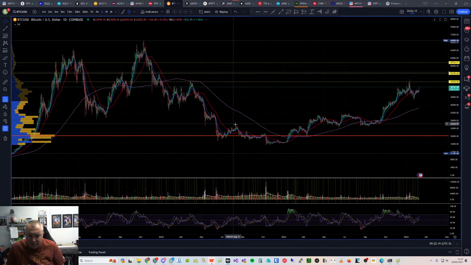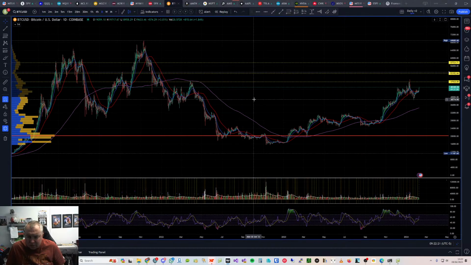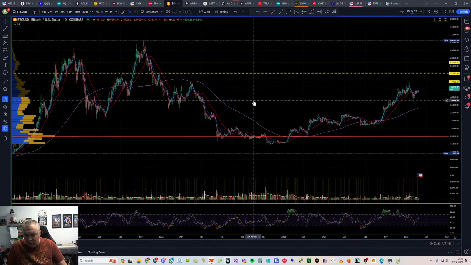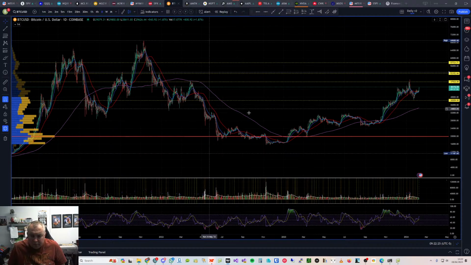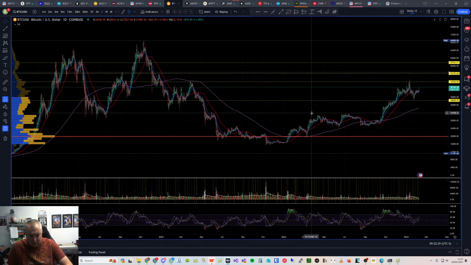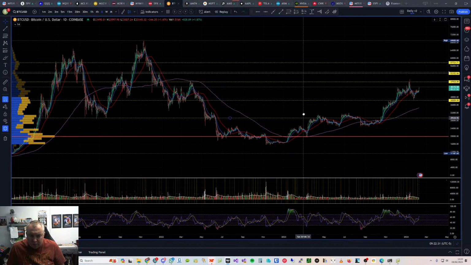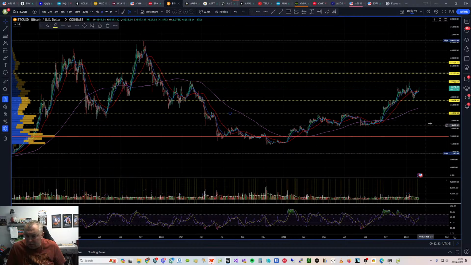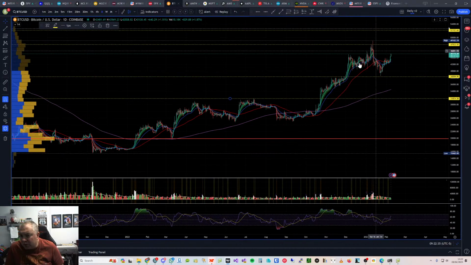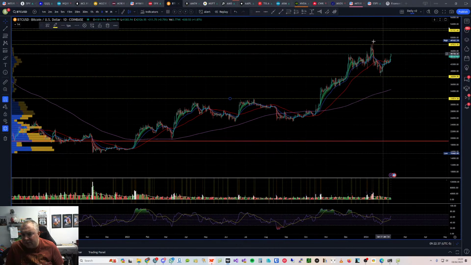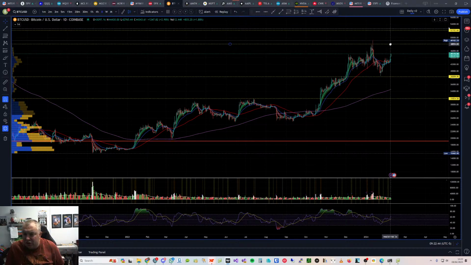And then any bounce areas. We've got this area here, and potentially this area here as well. So we're currently in between two decent areas, a bit messy this area, so we can watch for 48,000 for potential rejection or double top.